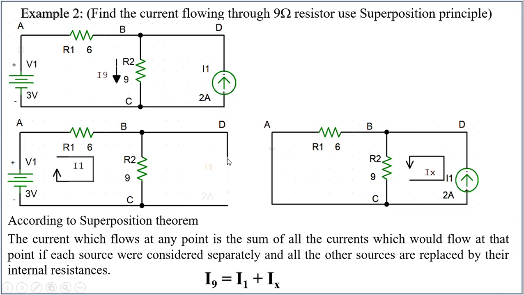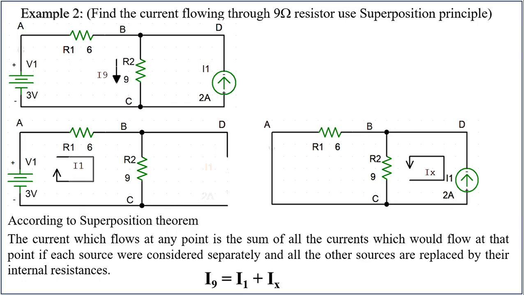Now, in the second circuit, I considered only the constant current source. I didn't consider the voltage source. Rather, I replaced the voltage source with its internal impedance. The internal impedance of this is not given, so you have to consider that as 0.